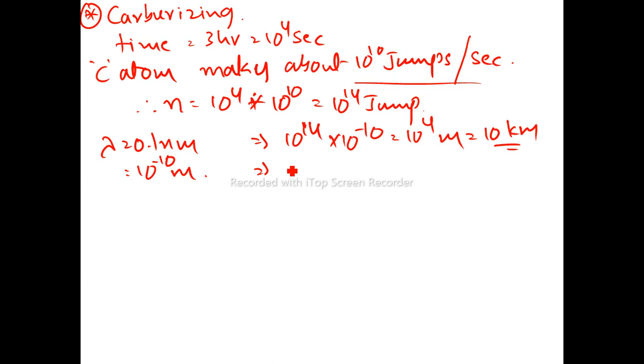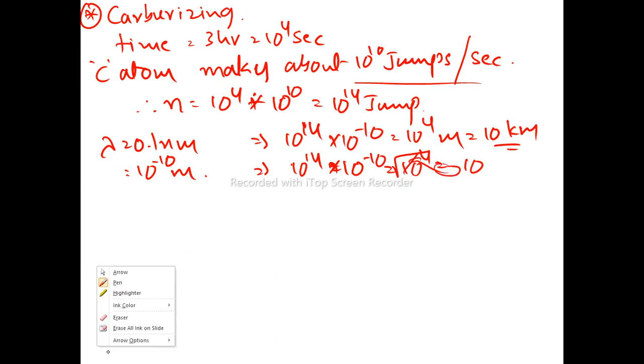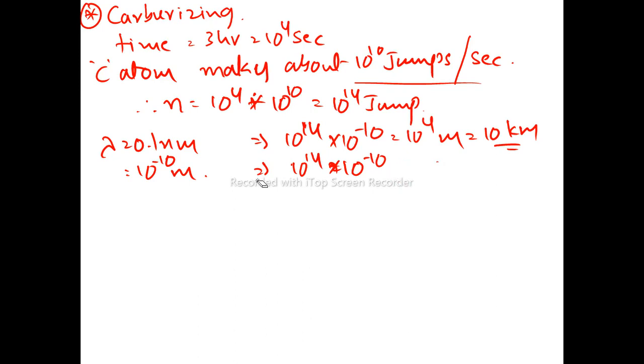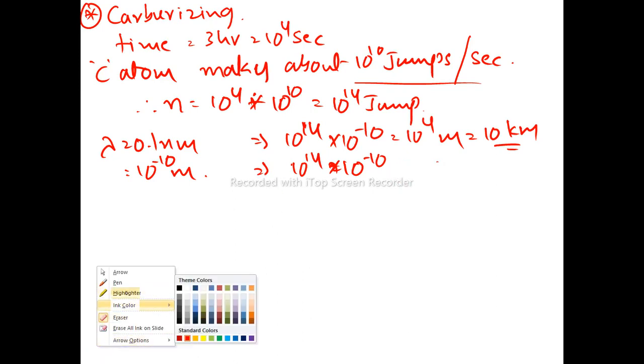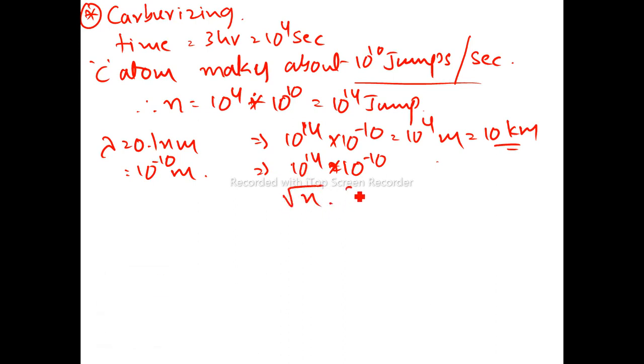If we consider the root mean square displacement, using the formula root of n into lambda, that means root of 10 to the power of 14 into 10 to the power of minus 10.